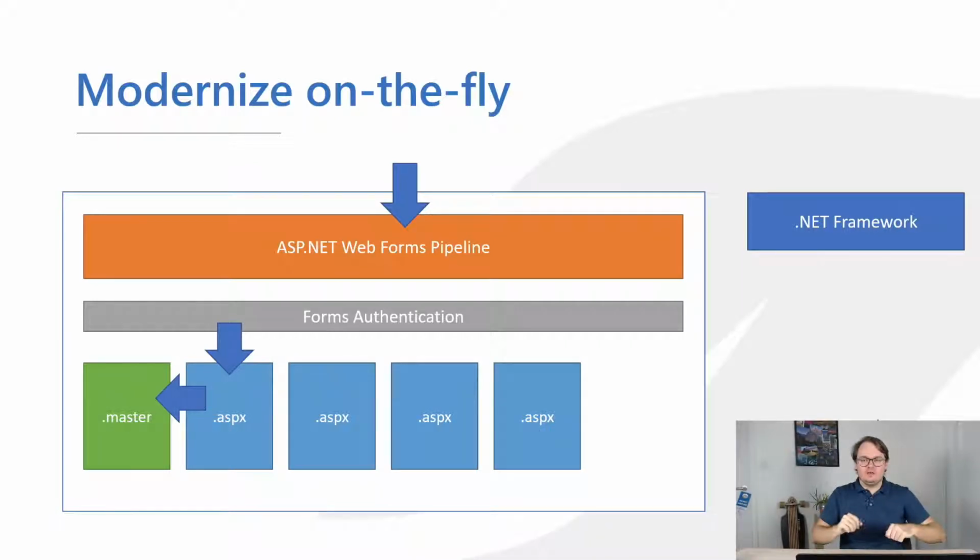You can take one page after another and replace them, and those two technologies can coexist in the same app. So you can plan this migration process for a couple of weeks or maybe months, and you are still running the same application. You have the same data access, the same business logic, so you can just start replacing pages, and after a few months, you will get rid of all web forms artifacts.